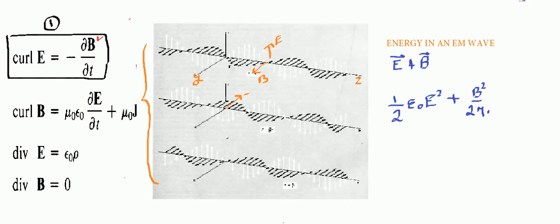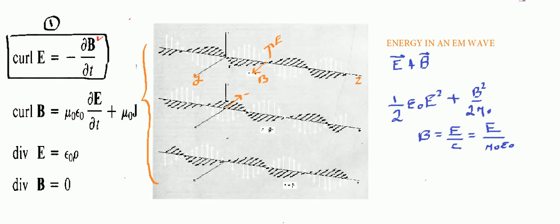But we can simplify this. How? Remember that we saw in an electromagnetic wave that B was actually 1 by c times the electric field. So what was the c? c was nothing but 1 by root over mu naught into epsilon naught.